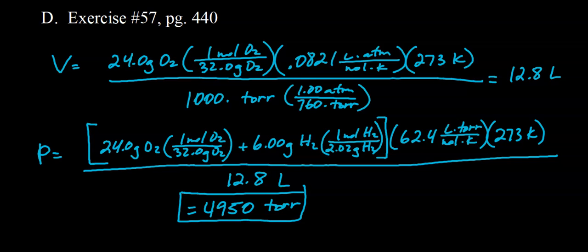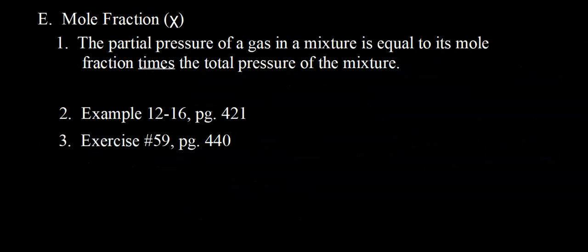I think 24 grams is 0.75 moles. Add 3 more moles of gas, and so that is 4 times the amount of gas that you're adding. So we have 5 times the amount of gas as what you originally had, and you get nearly 5 times the pressure. Interesting. Which leads us to mole fraction.